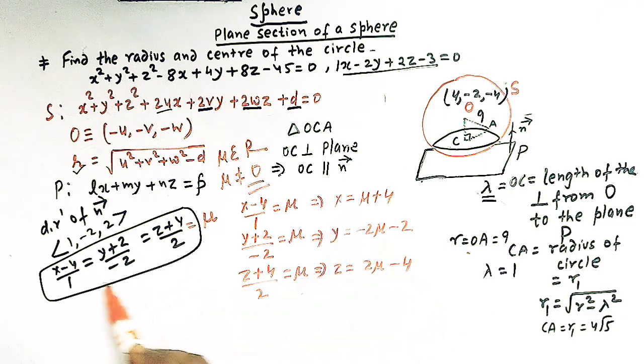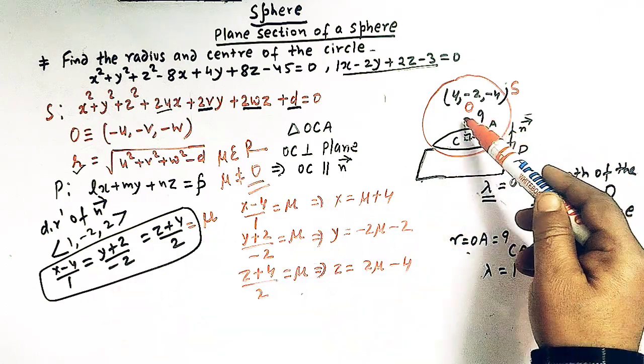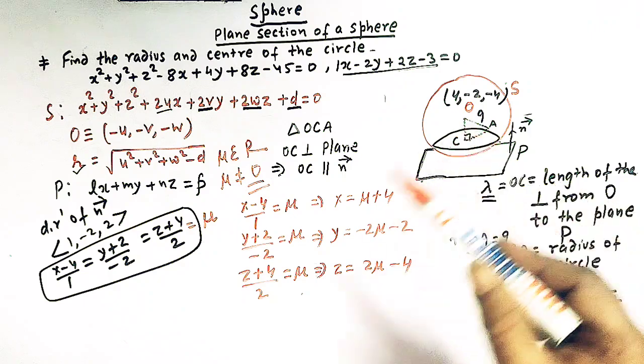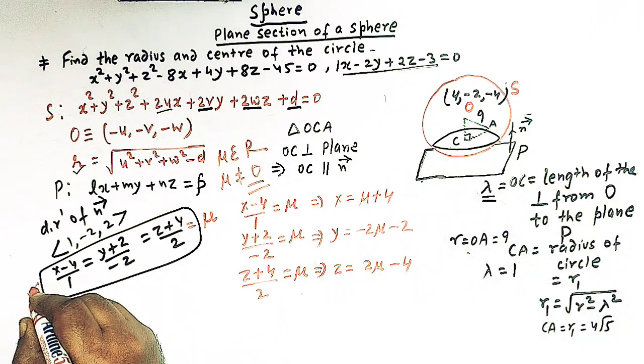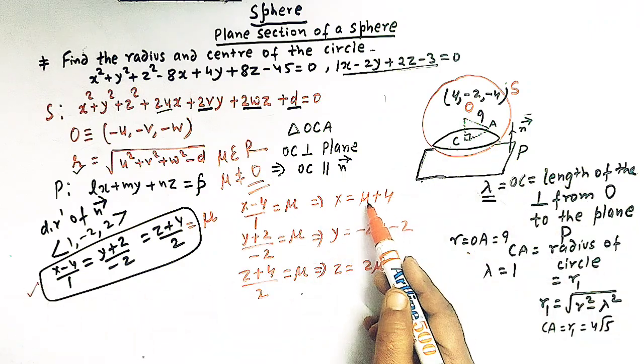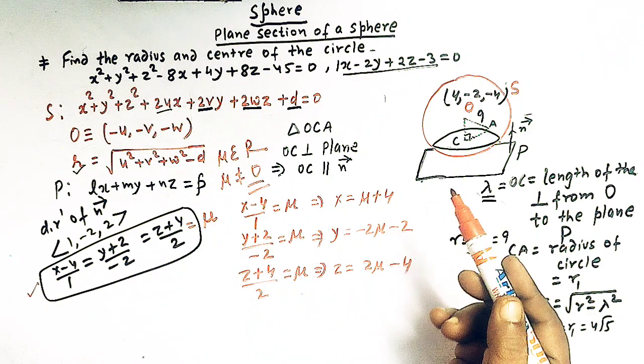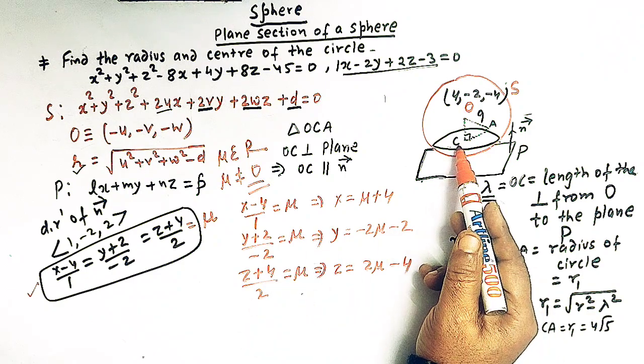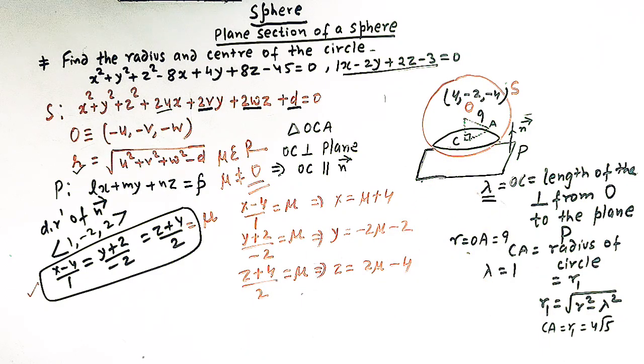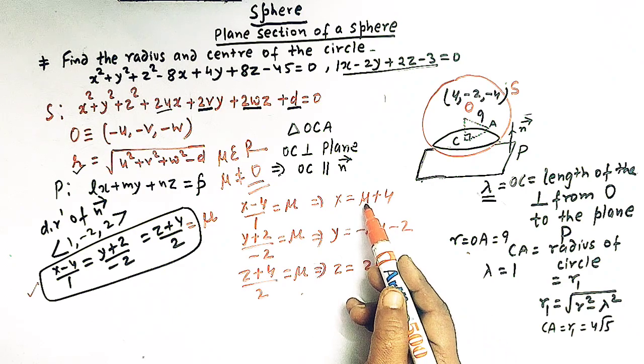So now, since the equation of this line OC is given by this equation, these coordinates may represent this point C for some particular value of this scalar mu, right?